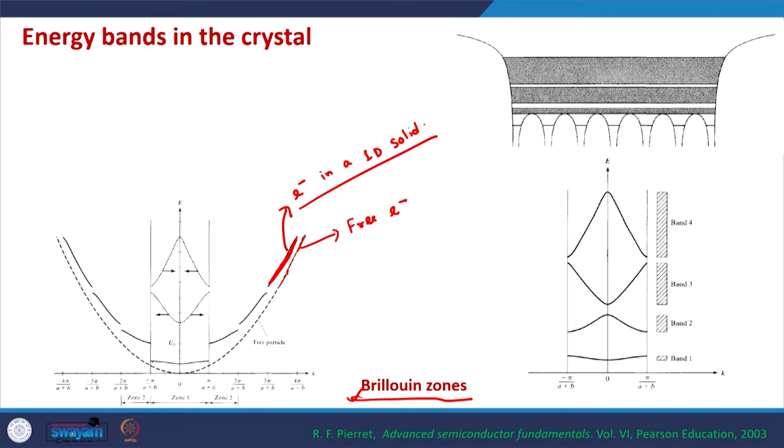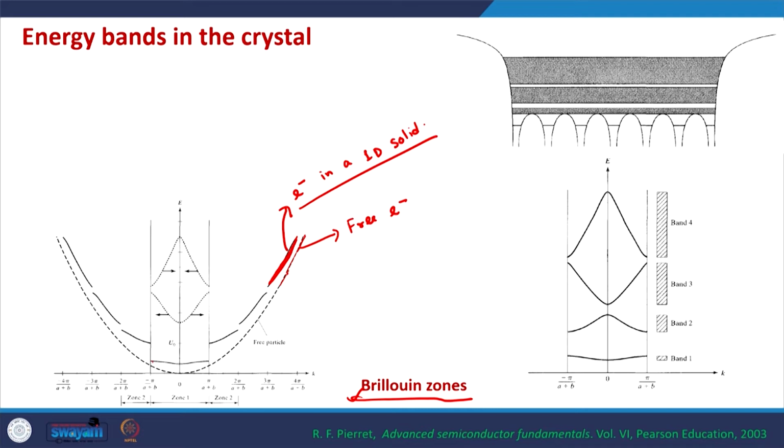So the set of k values which correspond to the first energy band is known as Brillouin zone 1. Similarly, corresponding to energy band 2, they are Brillouin zone 2. Similarly, corresponding to the third band, they are Brillouin zone 3. This is how it is defined, and this is a very important concept in solid state physics.